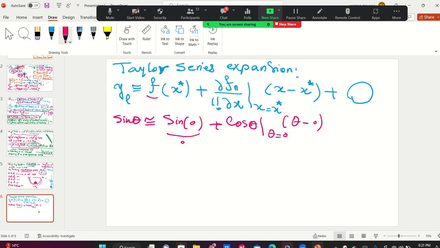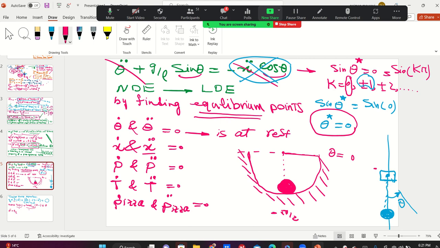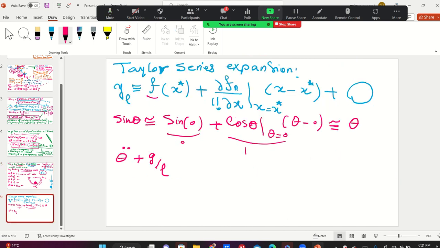This is 0. This is 1. And you can say sine of theta is angle theta. So now I'm rewriting theta double dot plus g over L. Instead of sine of theta, we are putting what? Theta. So this is linearized.